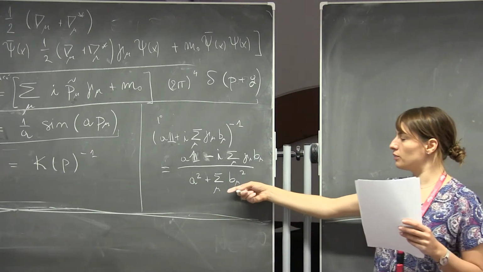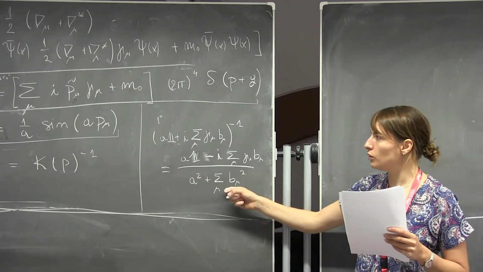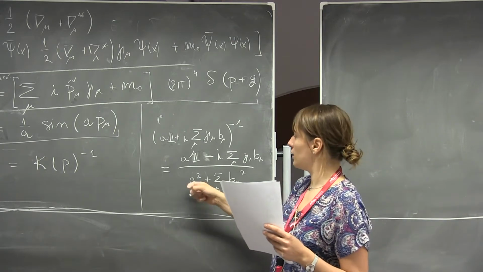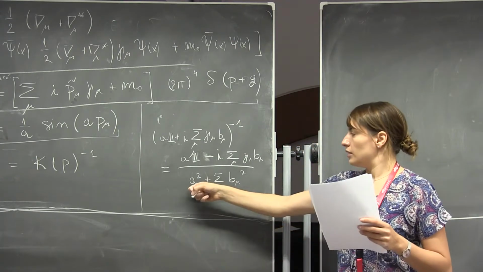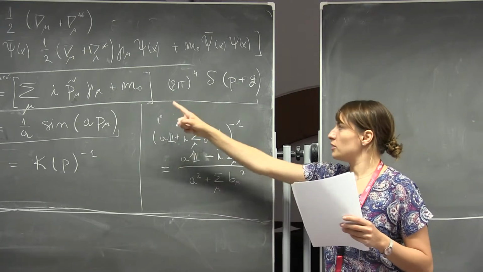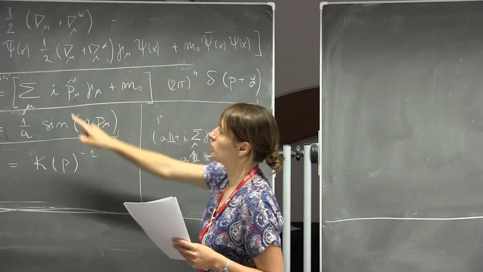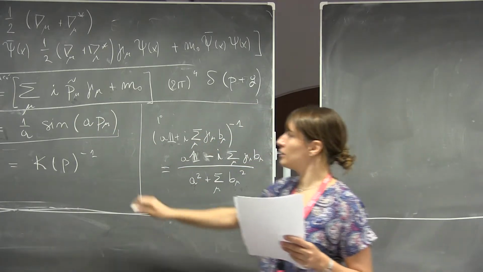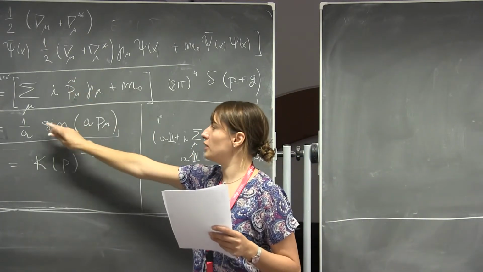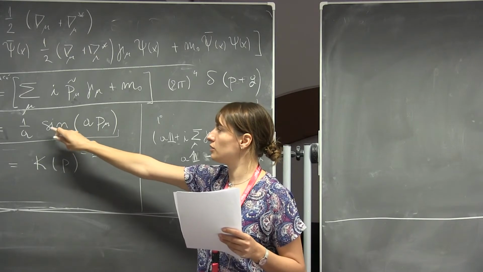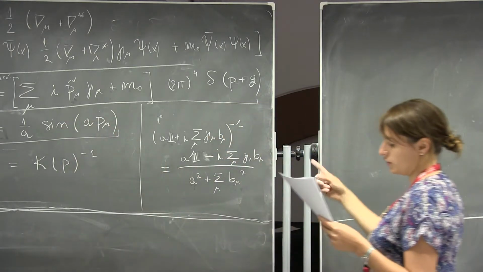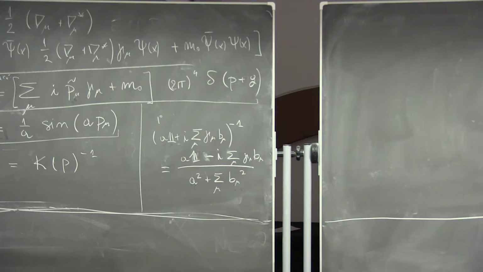And that's why in the expressions which follow, you will actually see m0 squared plus the sum over mu of pi mu tilde squared. So we will have a lot of sine squared of a pi mu in the expressions which follow.